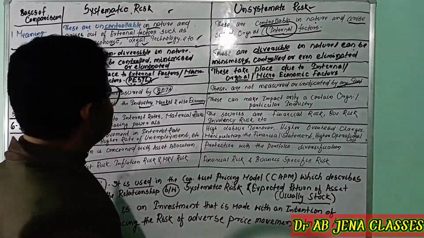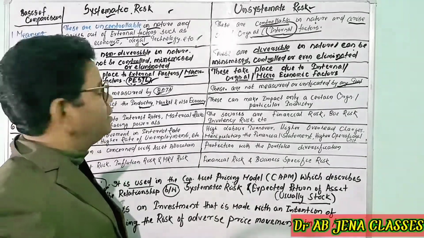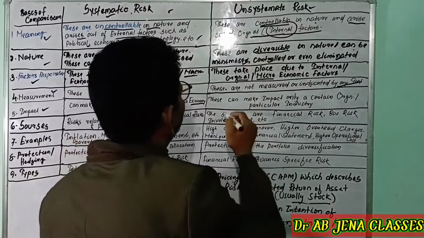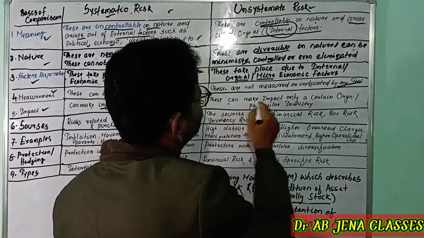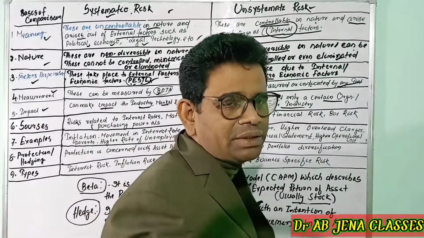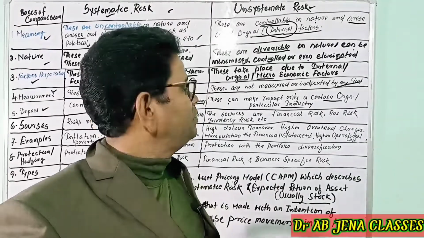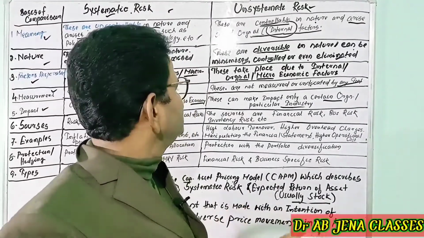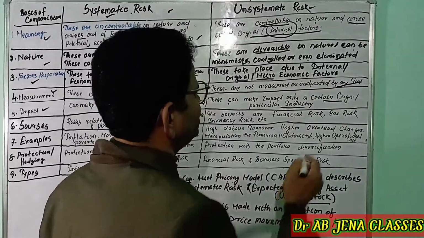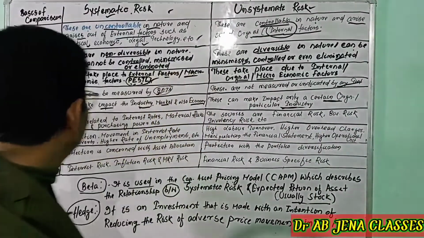So the industry, market and the economy will be influenced through systematic risks, whereas unsystematic risks can make an impact only on a certain organization or a particular industry. So we get the news, both in print and electronic media, only for a certain organization or a particular industry.